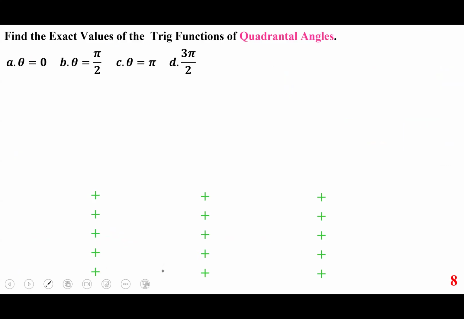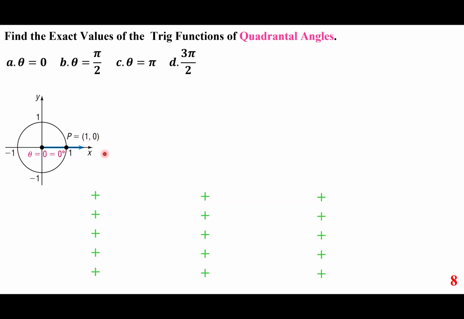All right, so find the exact value of the trig functions of quadrantal angles. And obviously, we start with 0 degrees. As you know, this is a unit circle. This has coordinates 1, 0. Remember, we have x, y. X is cosine and y is sine.